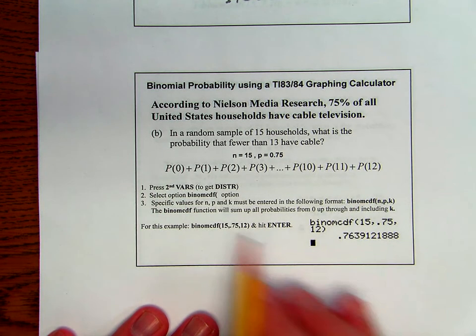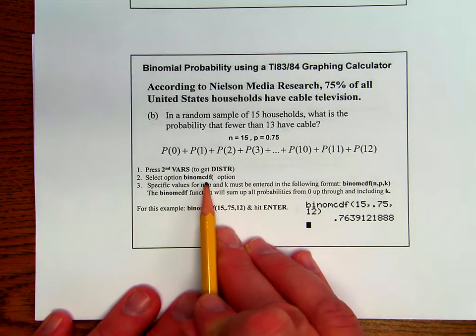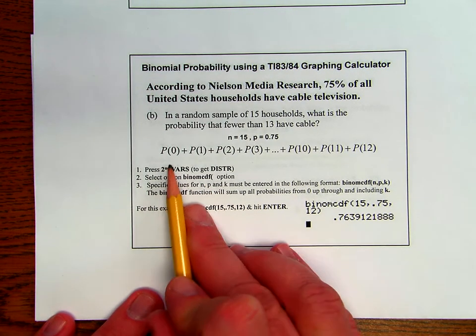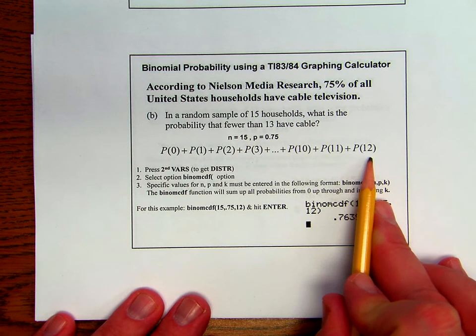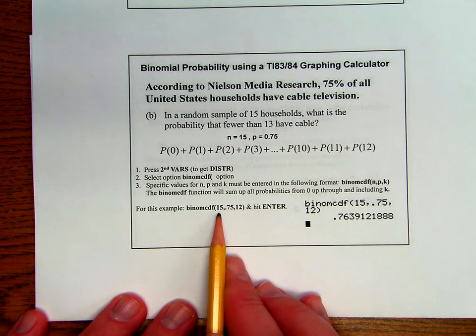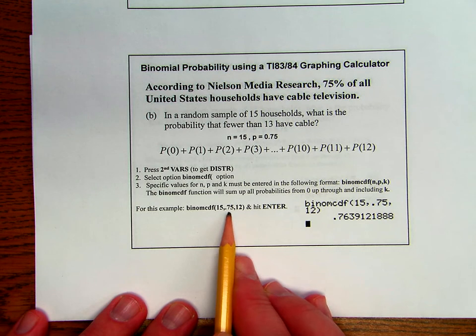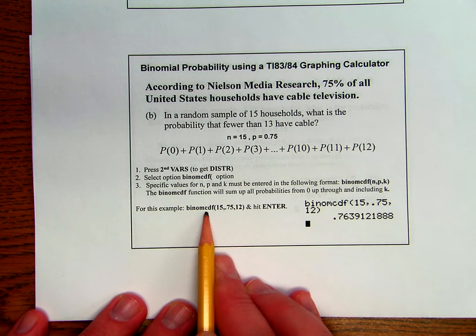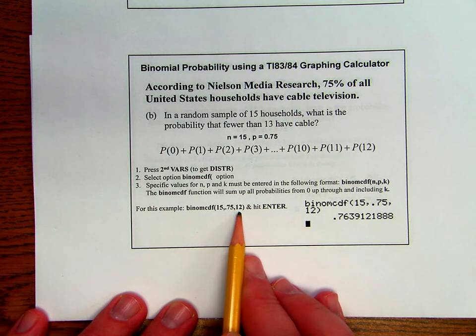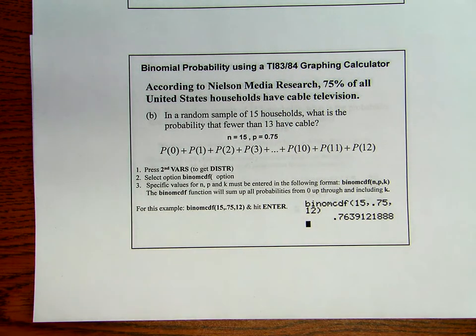Okay, the binomial CDF on your calculator sums from 0 up to whatever number you tell it. So when we type it in our calculator, binomial CDF, number of trials, probability of success, 12. If that's CDF as opposed to PDF, that's going to sum all probabilities from 0 up to including 12, and that's what we end up getting.